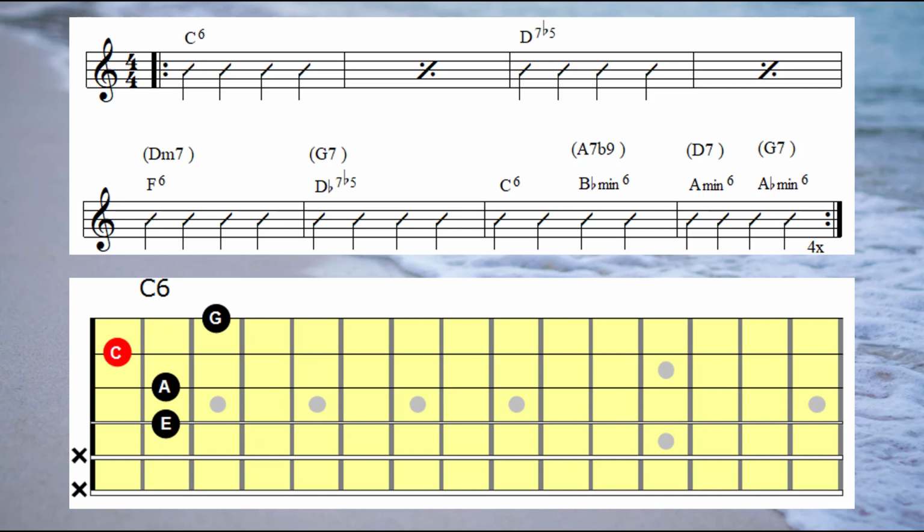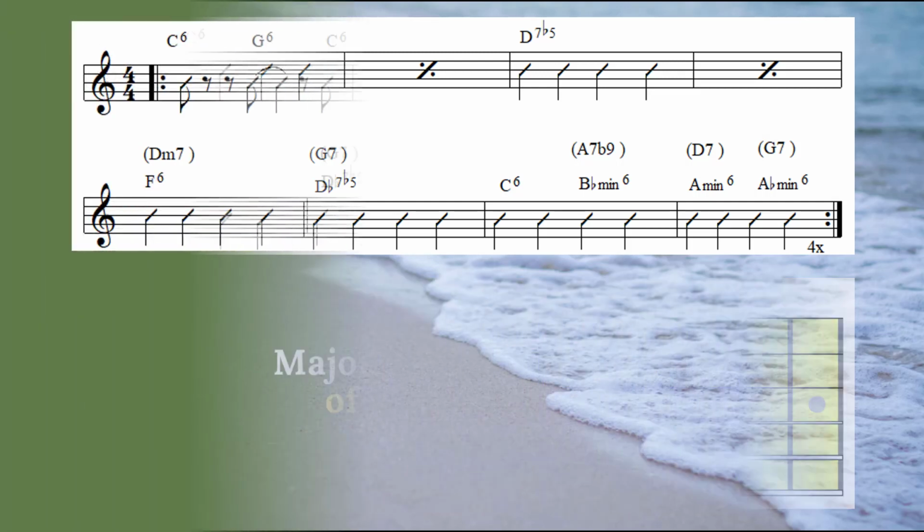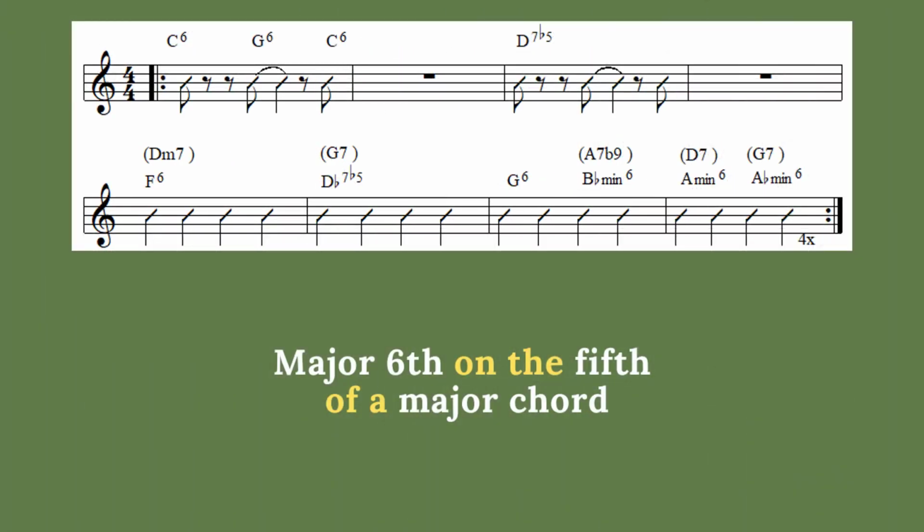Let's do one more variation on this progression where we'll apply and review some of the concepts that we've already touched in previous lessons. This first one's pretty easy because we've been doing that for the last couple of sessions, and that is the concept of being able to play a sixth on the fifth of a major chord.